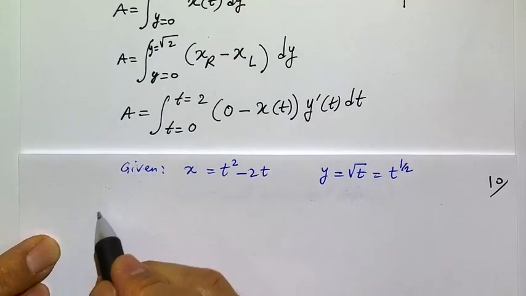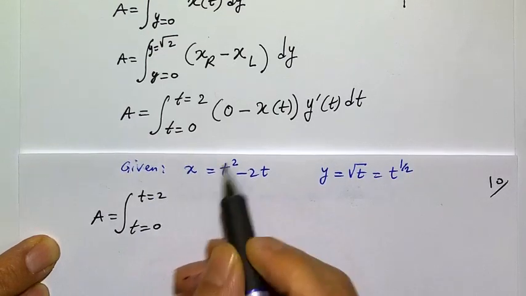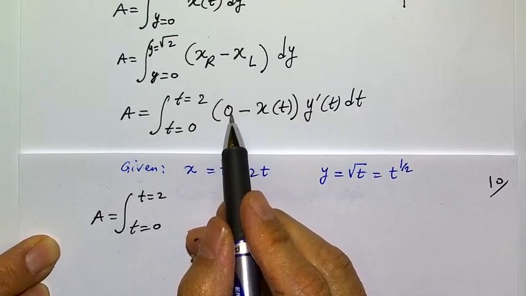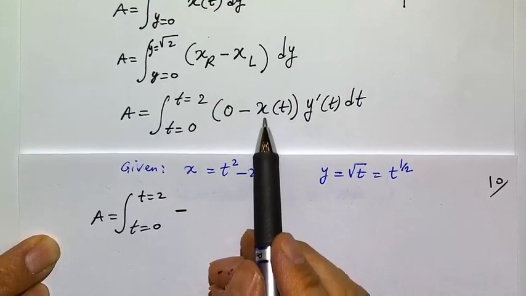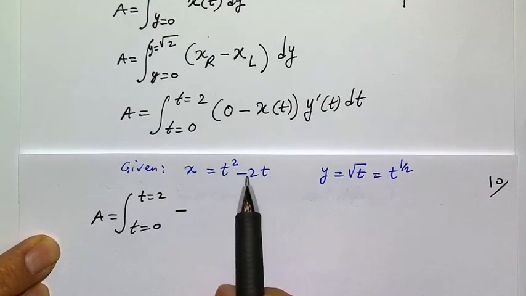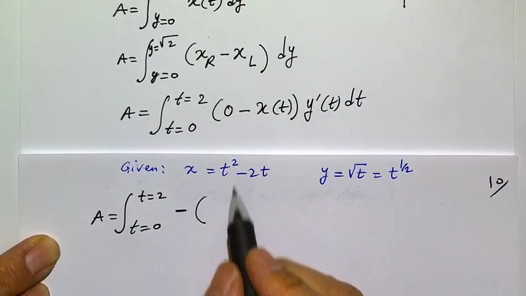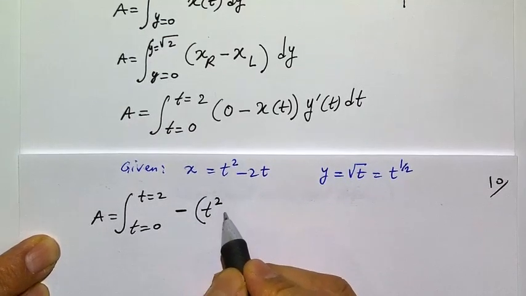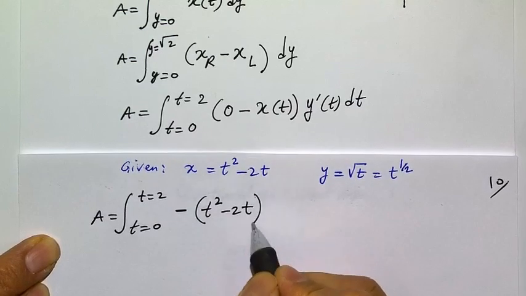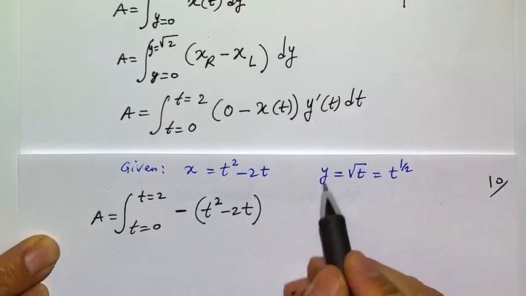So we have a equals the integral from t equals 0 to t equals 2. 0 minus x of t, x as a function of t, so it's 0 minus that whole thing, so it's minus t squared minus 2t. And then y prime would be the derivative of y, right?